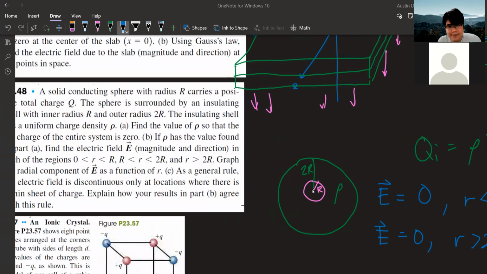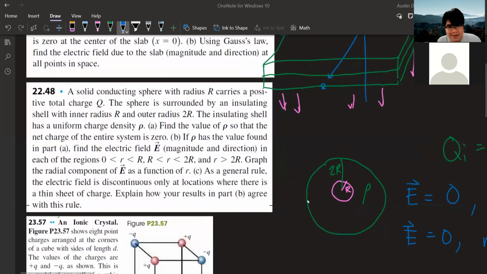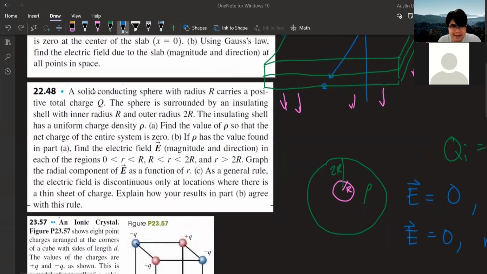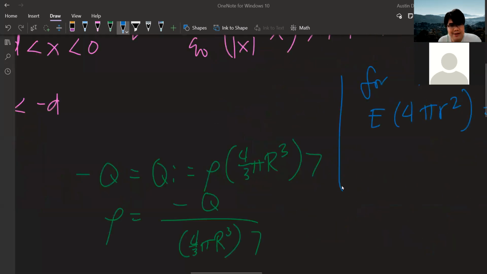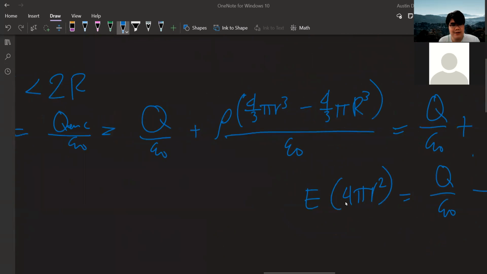At the region at R, on the surface of the conducting sphere, you have a sheet of charges. Right? Because that is a conducting sphere, so all its charges reside on its surface. Therefore, at the region R, we have a sheet of charge.